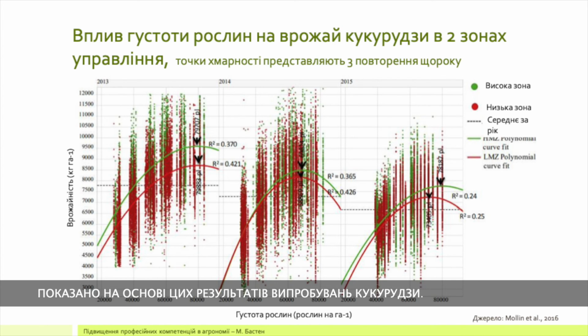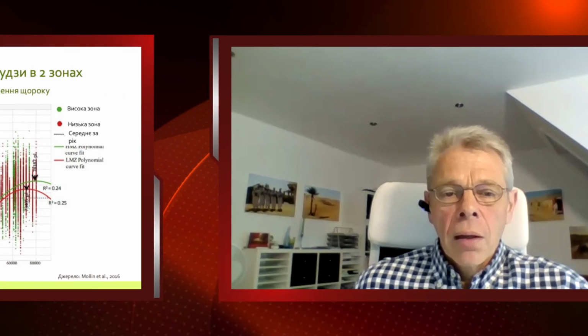trial results from corn. So to conclude on corn, yeah, we can get a kind of yield increase with variable seed rates, but the increase in yield and basically the return we will get from this kind of technology is somehow modest, I would say. Let's have a look at sunflowers.